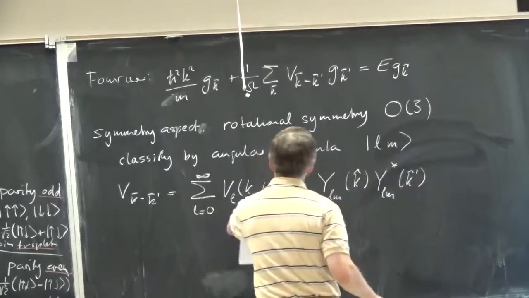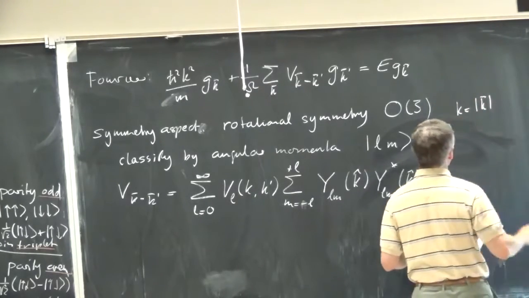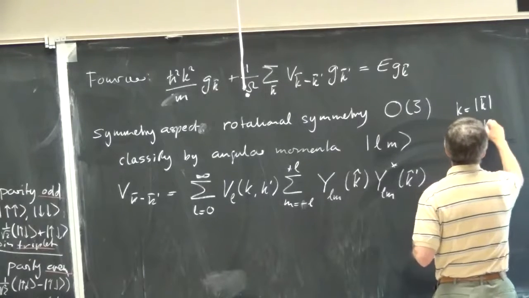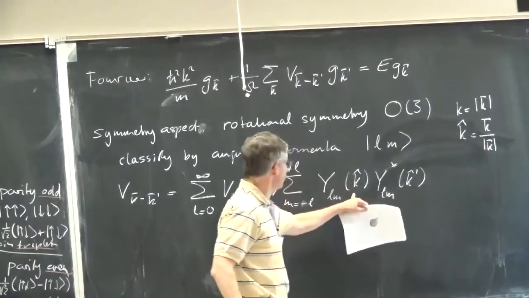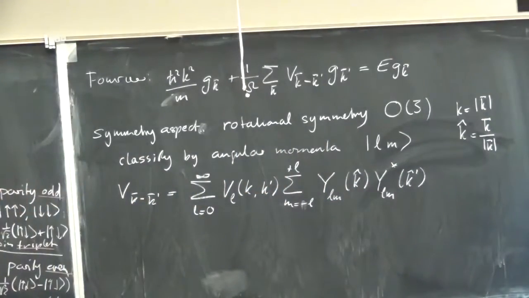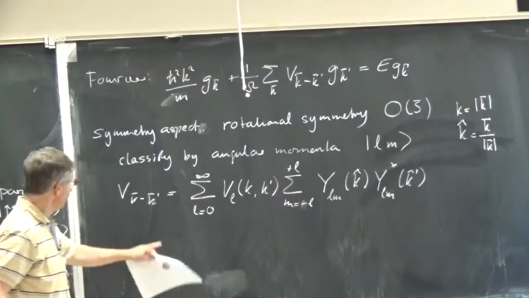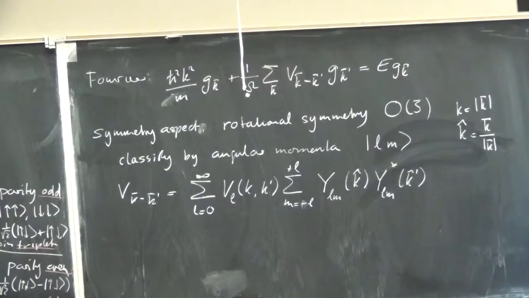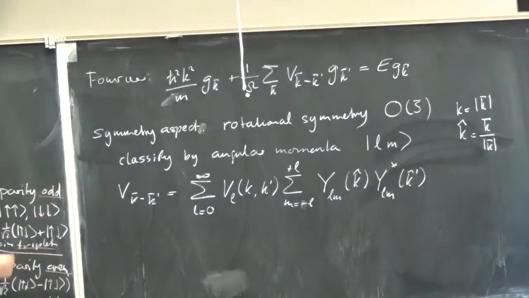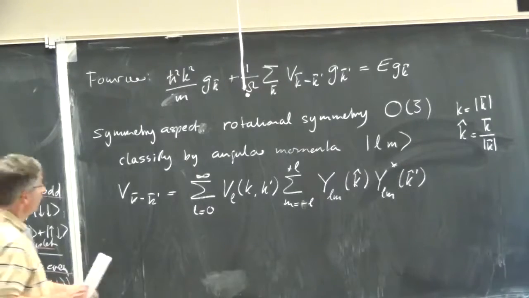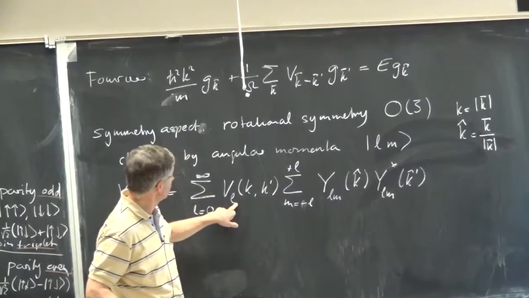Where we use for k just the modulus of the wave vector, and k hat is just the direction of the k vector. So those are the spherical harmonics for a given angle of the k vector or the k prime vector. So I can always write the interaction in that way, and then it represents in k space a rotationally symmetric potential. I have pairing interactions which here depend on k, modulus, and L.